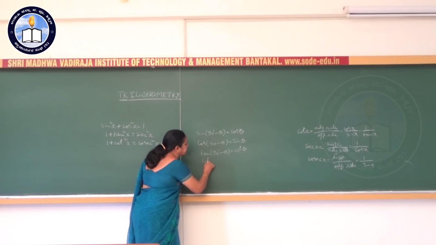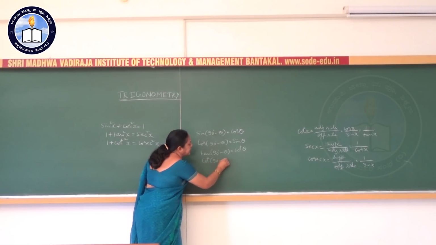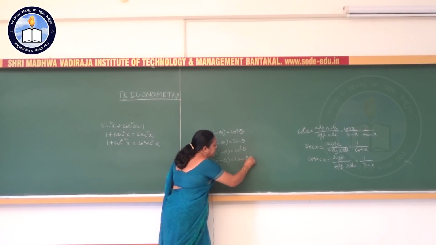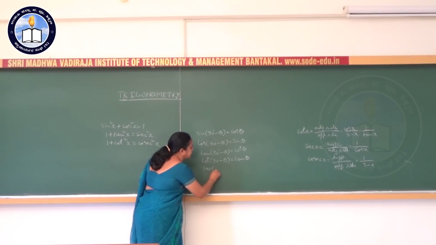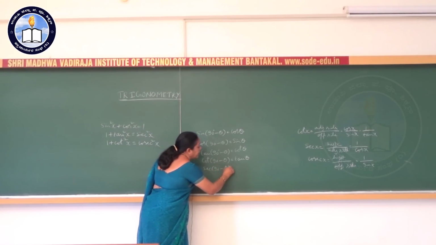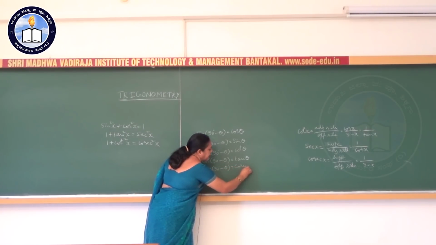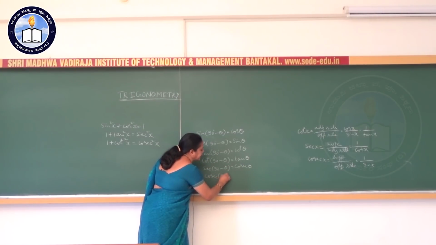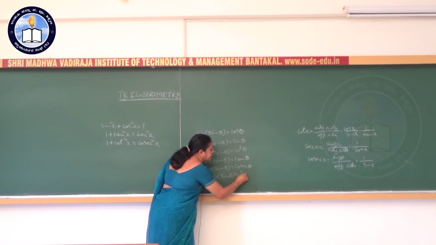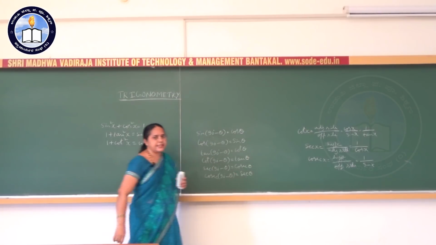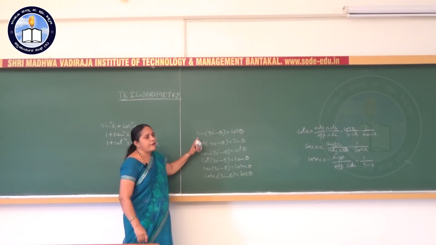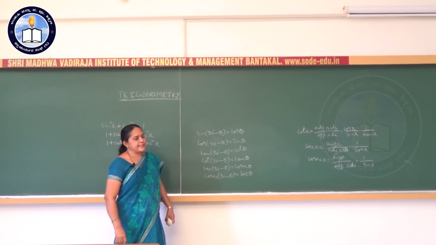Cot of 90 minus theta is equal to tan theta. Secant of 90 minus theta is cosecant theta, and cosecant of 90 minus theta is equal to secant theta. These are the trigonometric ratios of complementary angles.